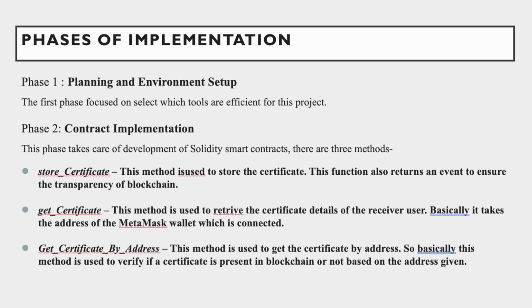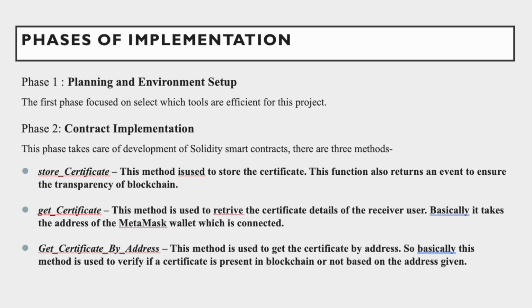Here are a few functions that we have implemented. The store certificate method accepts the address of the receiver and the data hash that is to be stored in the contract from the issuer, and returns the transaction status as a promise, success or reject.